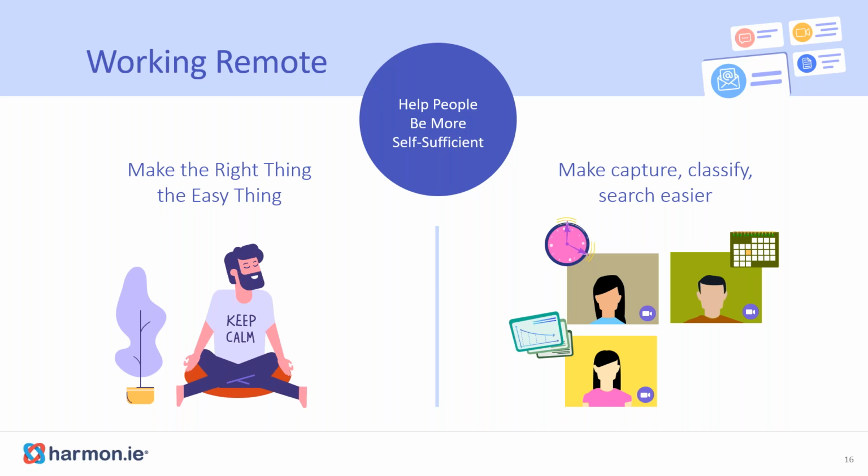Solution number two is that a key to being able to find information is being able to have it in a centralized location and classified uniformly, so that people know where to look for it, and also know that even search will produce results that will deliver what they're looking for.